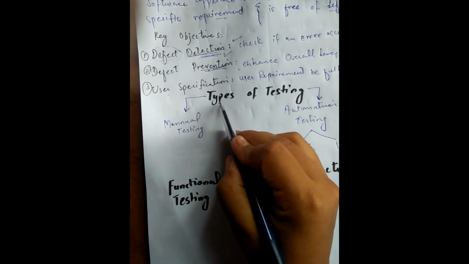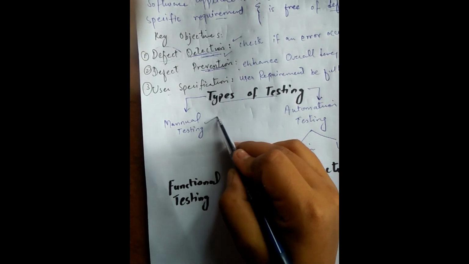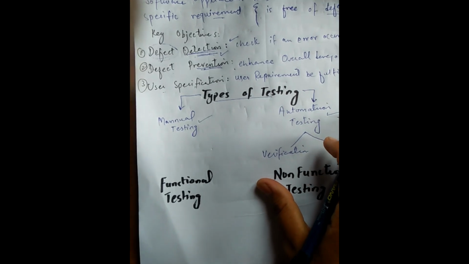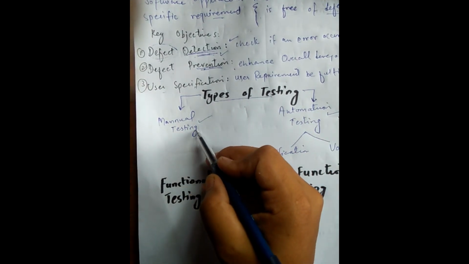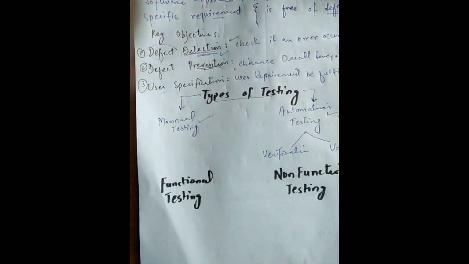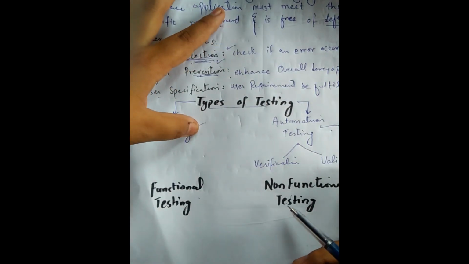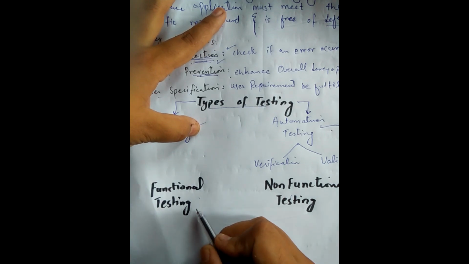What are the types of testing? There are two types of testing: manual testing and automation testing. In manual testing, we do not write or use any script. It will be clearer if we study functional testing and non-functional testing. Functional testing is a type of testing that validates the system against the functional requirements.